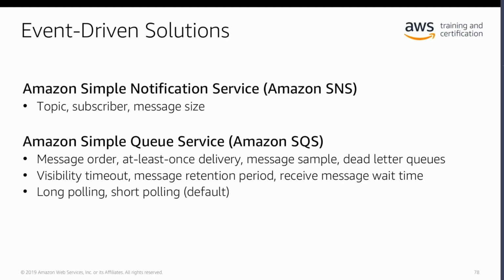Once the visibility timeout expires, the message is unlocked, and someone else, or another worker, is able to go out and pull that queue.